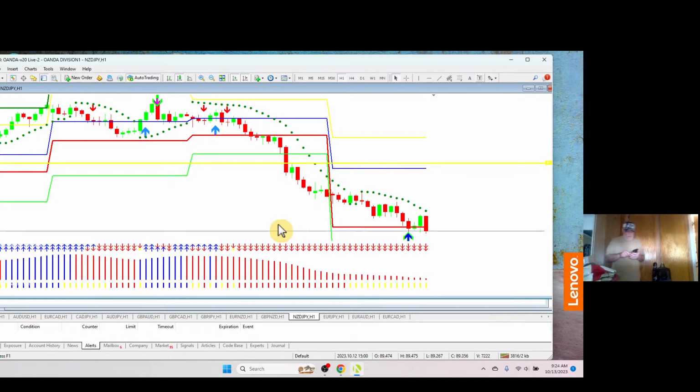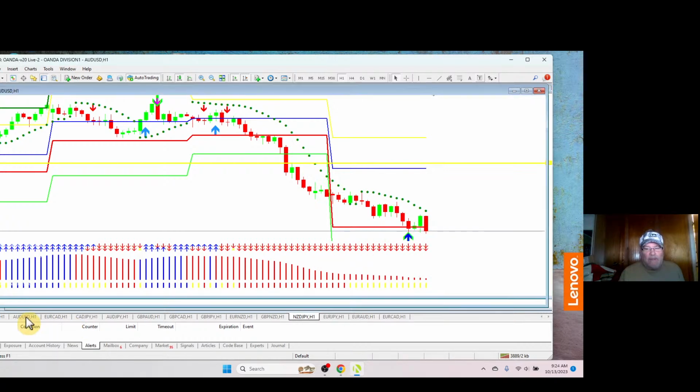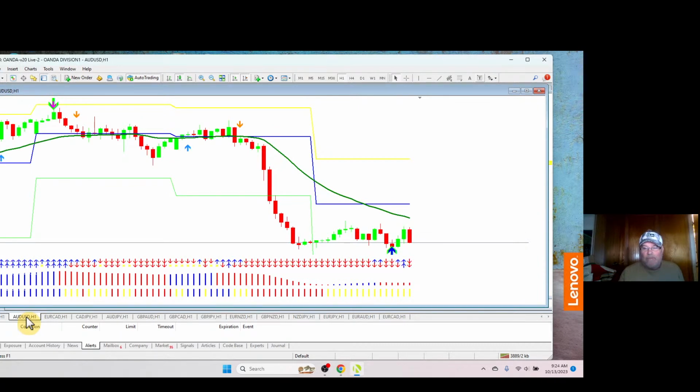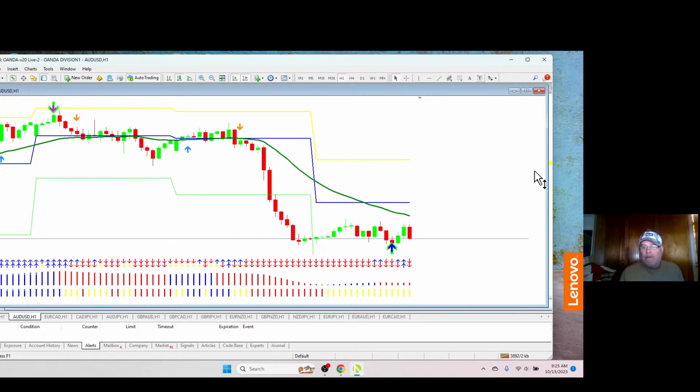Okay, so hopefully the bar is going to stay here. Went away there for a second. New Zealand yen, it's down in there. Aussie dollar, it's trying to make a buy opportunity, but it's down below 2.